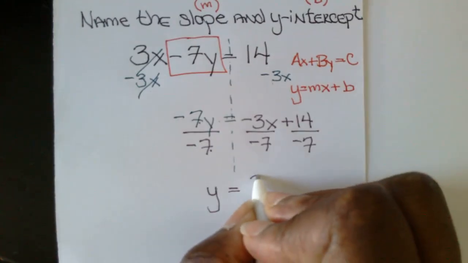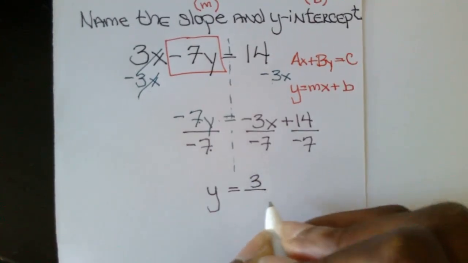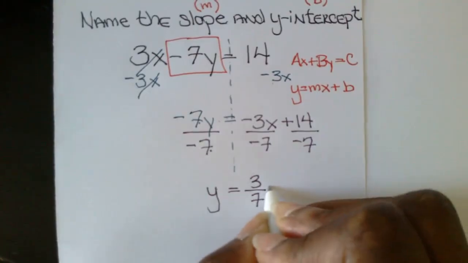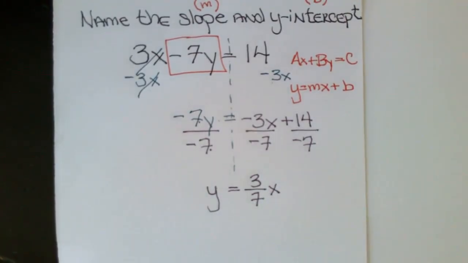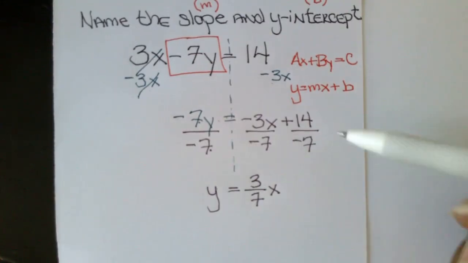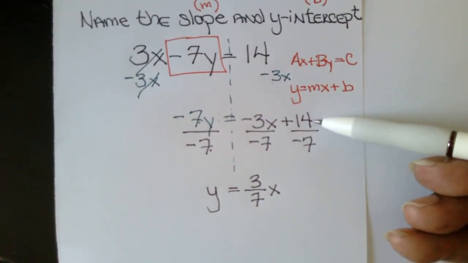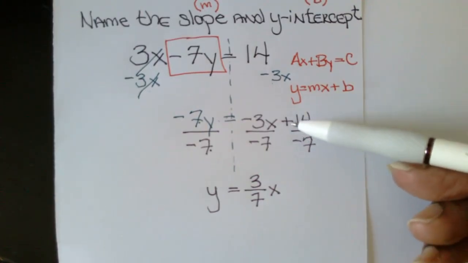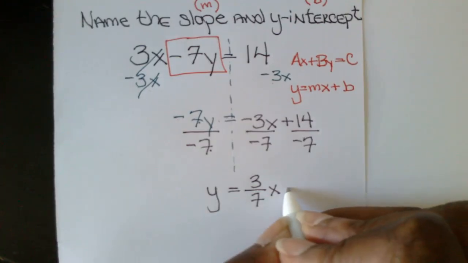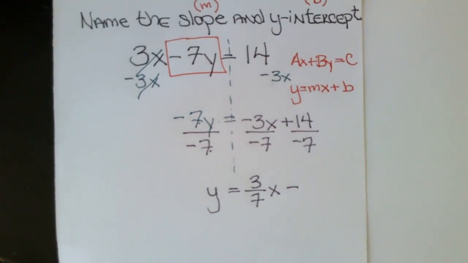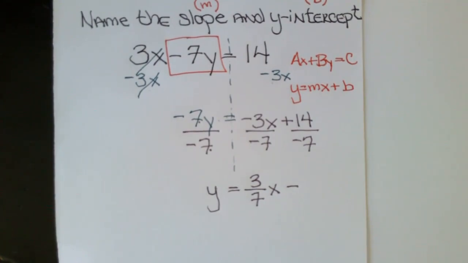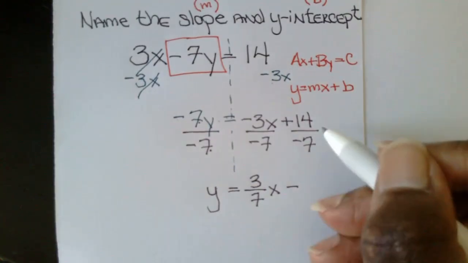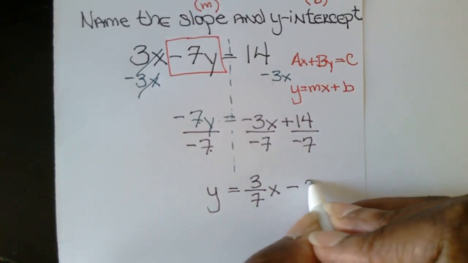So now we have what's left over, which is 3/7 x. Now we have a positive 14 divided by a negative 7. When the signs are opposite, it's always going to give you a negative. That's the rule for division and multiplication. So 14 divided by 7 gives me 2.